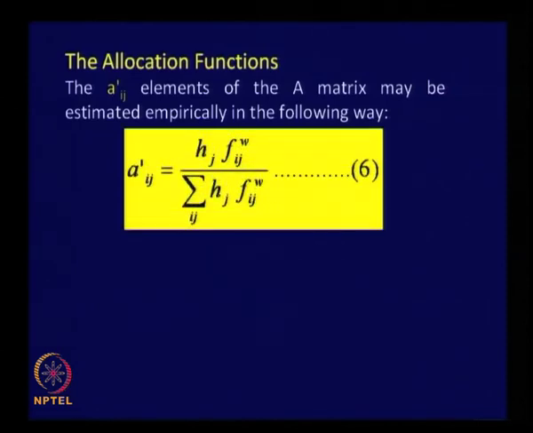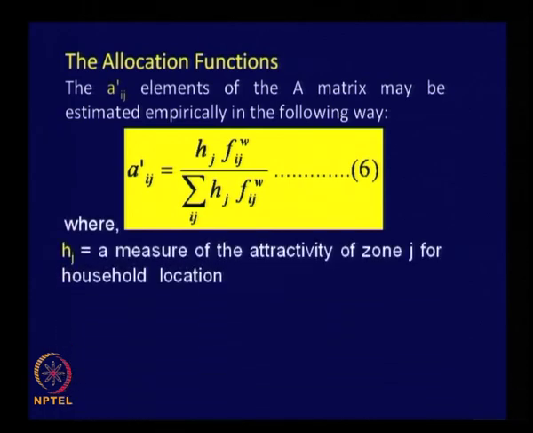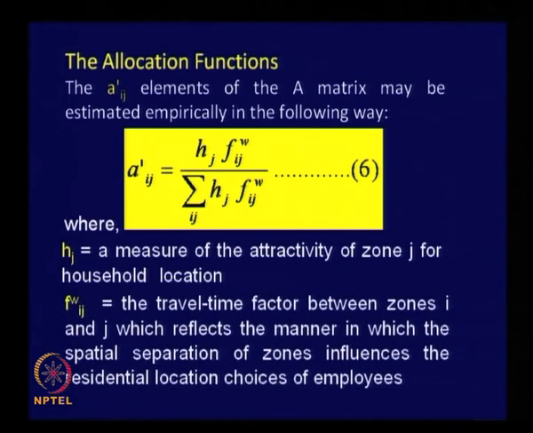This is the equation to get the value of A dash ij, where Hj is a measure of the attractivity of zone j for household location, and Fwij, the superscript W stands for just workplace, nothing else, and Fij, as you know, is a sort of friction factor related to accessibility.